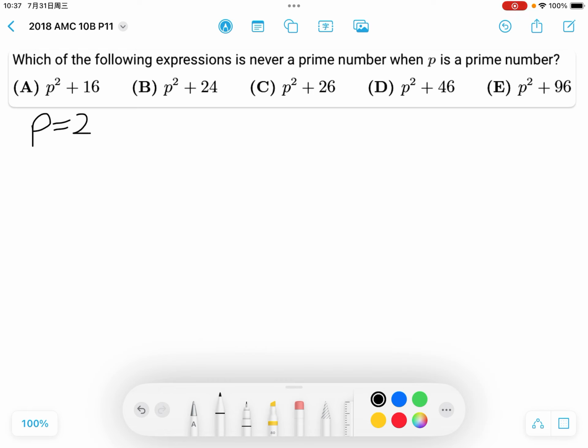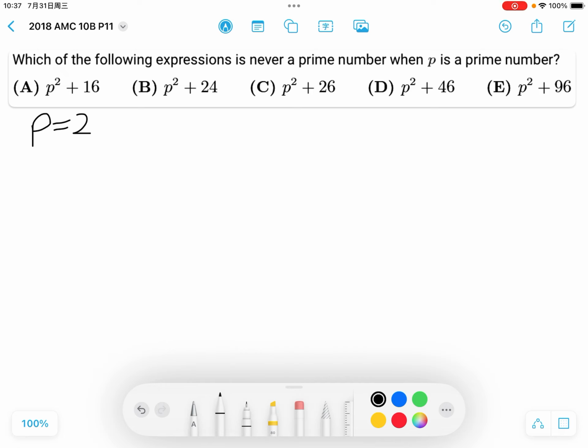Okay, so when p is 2, A is going to be 2 squared plus 16, which is 20. So that's not a prime number, so you can't cross that out. B is going to be 2 squared, which is 4, plus 24, which is 28.